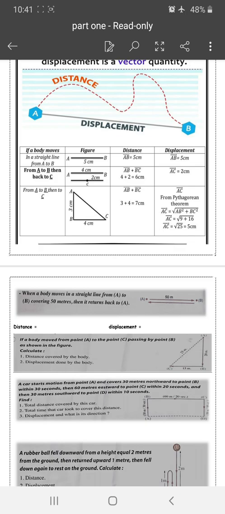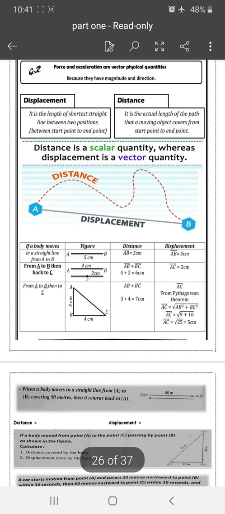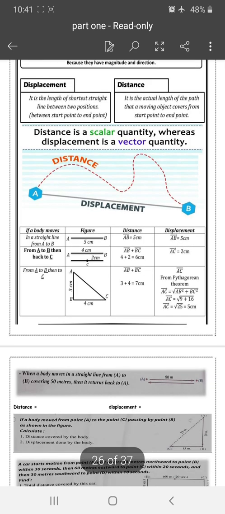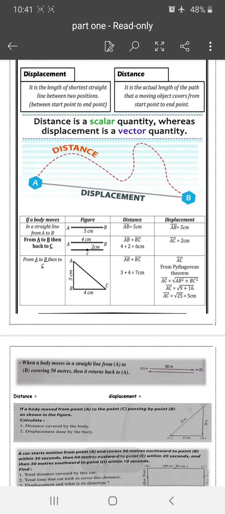And if we take the curved line, we describe it as distance. So the distance is the actual length of the path that the moving object covers from starting point to ending point. But the displacement is the length of the shortest straight line between starting and ending point.